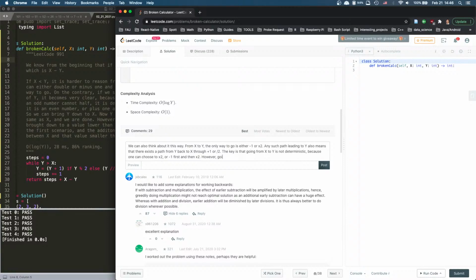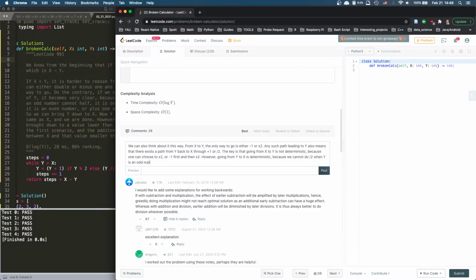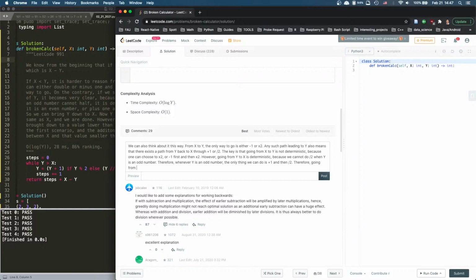However, going from y to x is deterministic, because we cannot divide by 2 when y is an odd number. Therefore, whenever y is an odd number, the only thing we can do is +1 and then divide by 2. Therefore, going from y to x is straightforward.